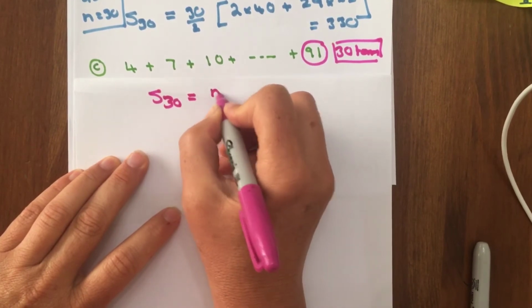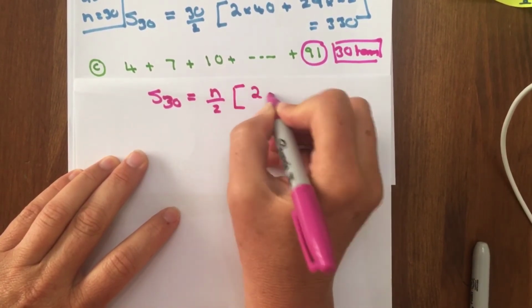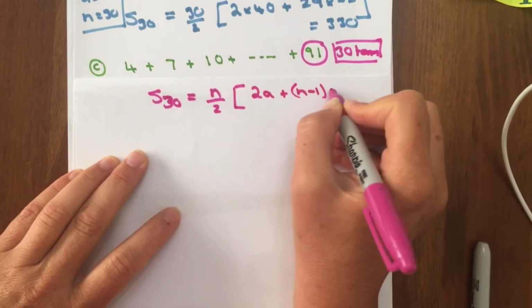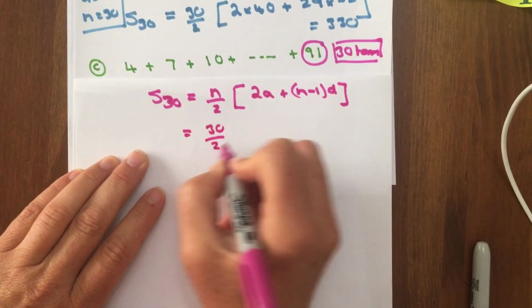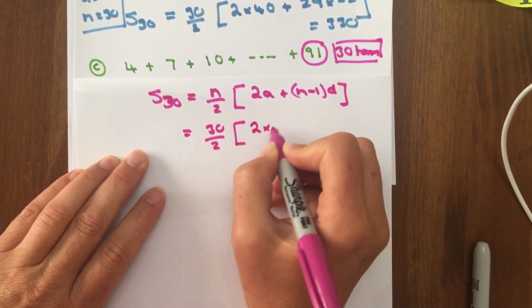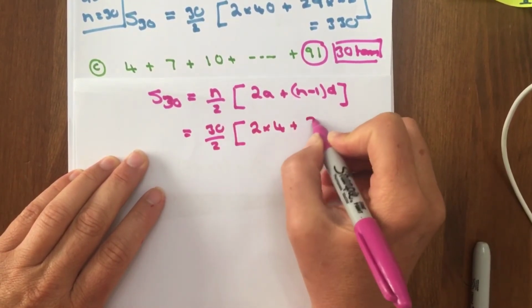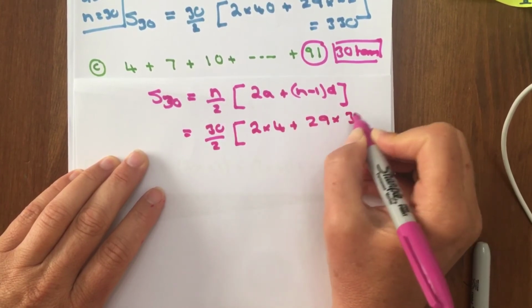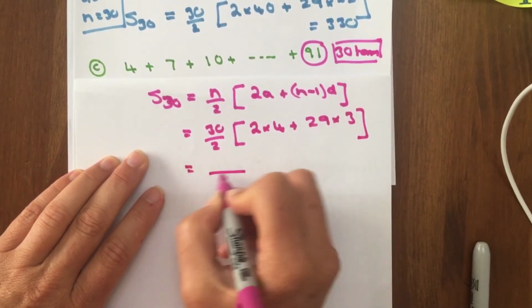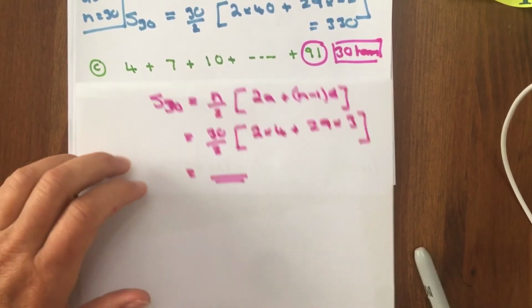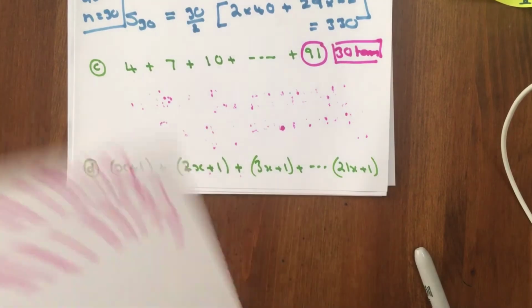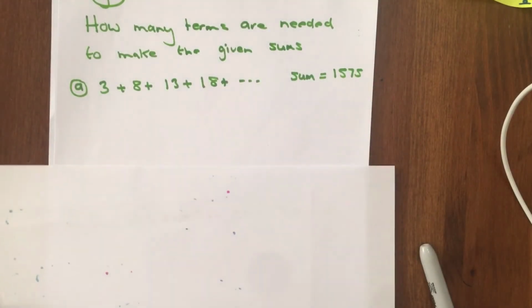So n over 2, just write down the formula again. n is 30, divided by 2, times 2 times my first term, plus n minus 1 times my common difference, and then you just get an answer, whatever that is. Well done. I'm now going to go on to another part of the work.